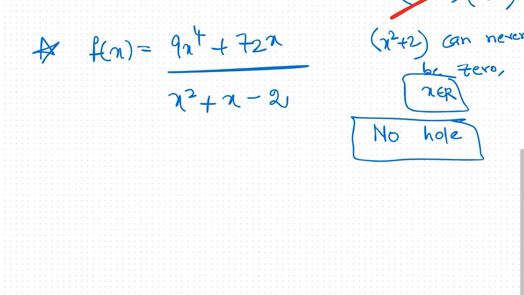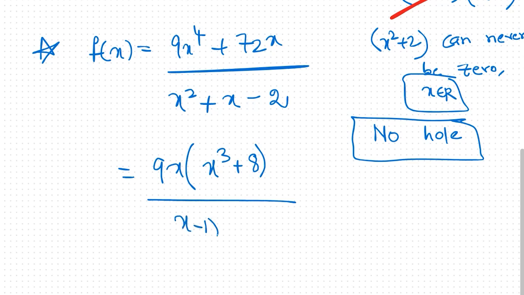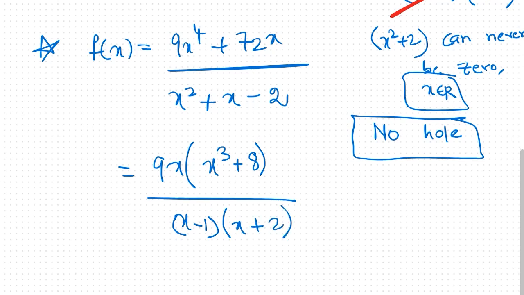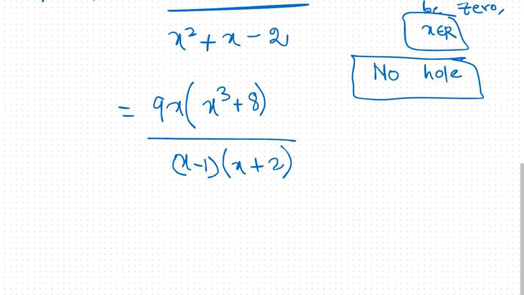Okay, let's try it. So the numerator becomes what if you factorize? 9x times x cubed plus 8, over x minus 1 squared. Can you simplify further?